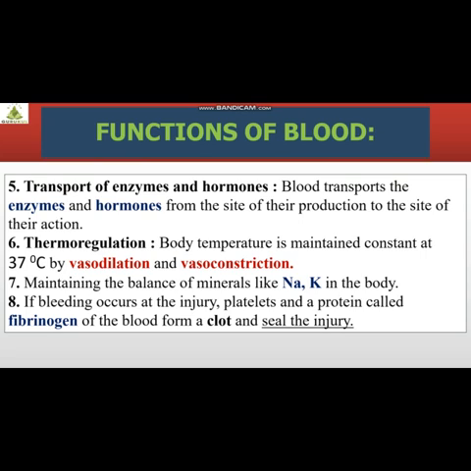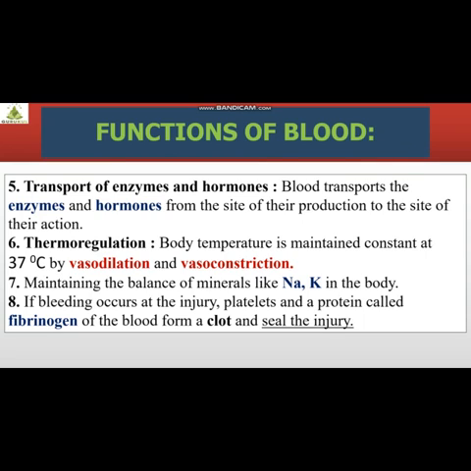Point number 5, transport of enzymes and hormones. We all know what enzymes are. They speed up the reaction. They themselves do not take part in the reaction, but they are responsible for speeding it up. And hormones are very much present in our body; we are going to learn about hormones in detail in higher classes.